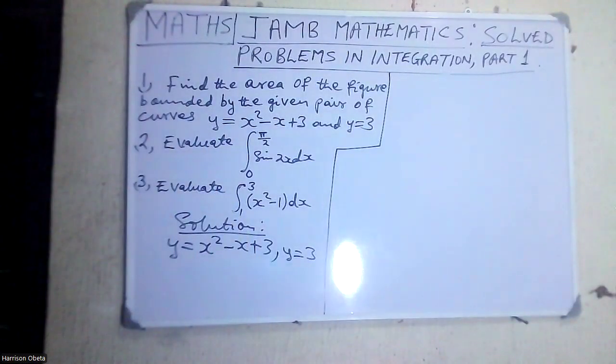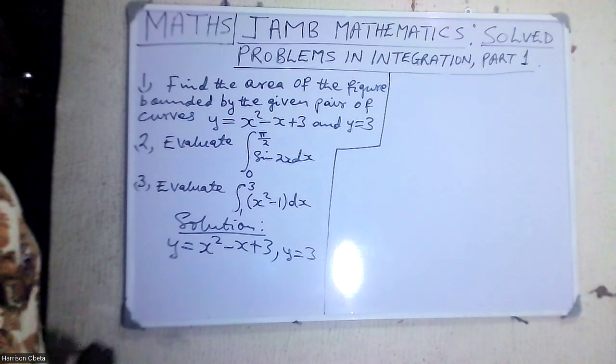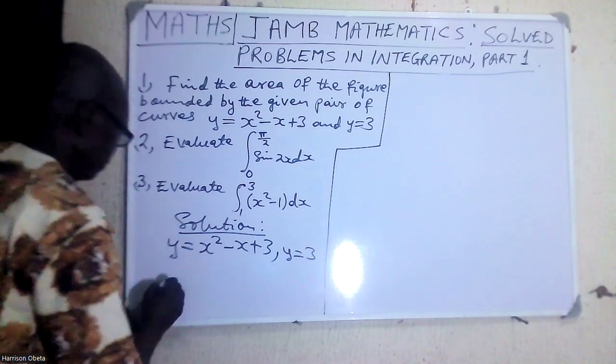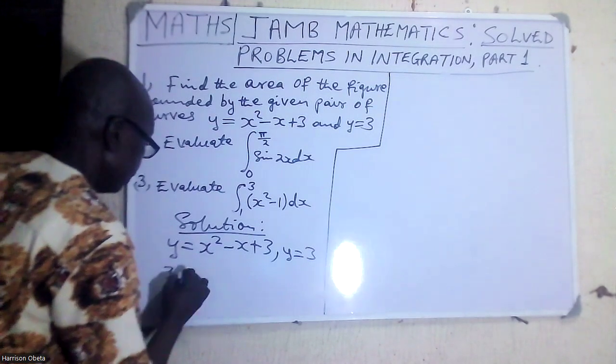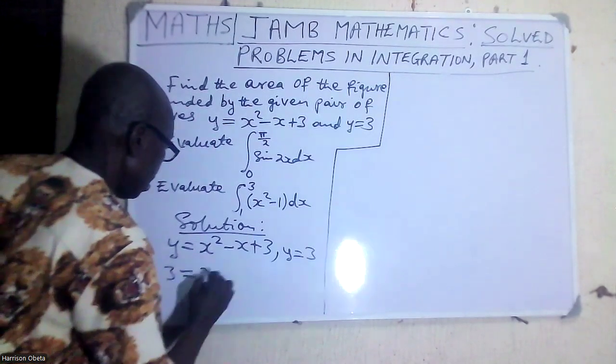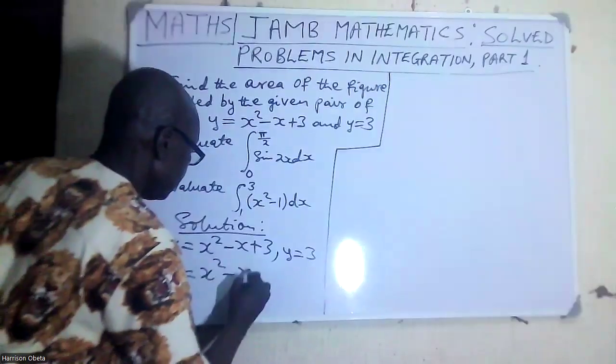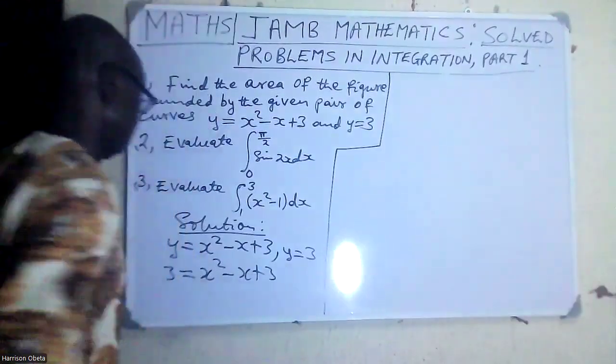So equating, bringing the two equations together, we have 3 is equal to x squared minus x plus 3.